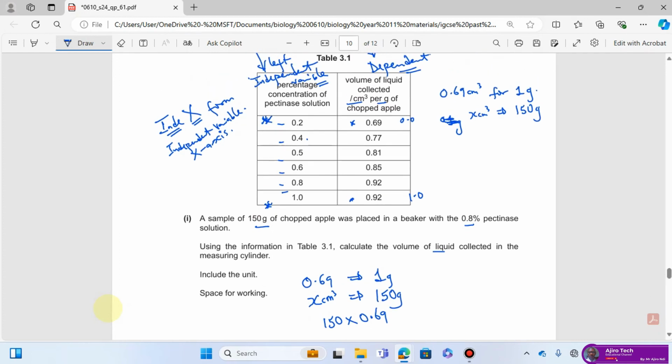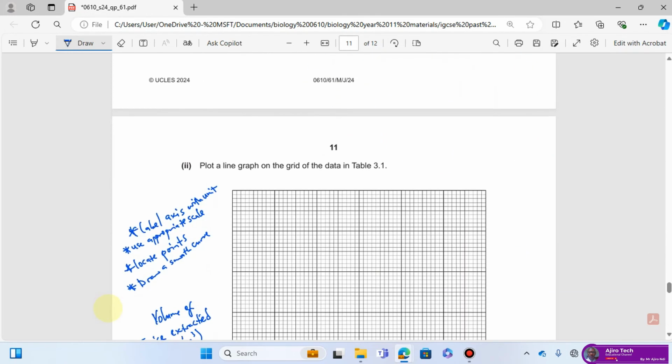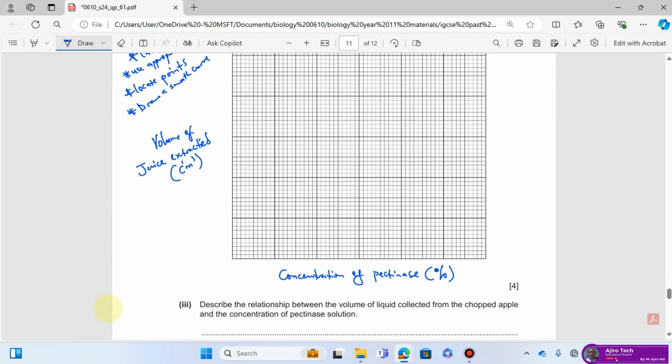Remember, this volume of liquid collected is the dependent variable. So you come here. So for concentration, since we are going between 0 and 1.0, you have 0.2, 0.4, 0.6, 0.8, and of course 1.0. That's on the concentration. Now on this side, you have the volume.